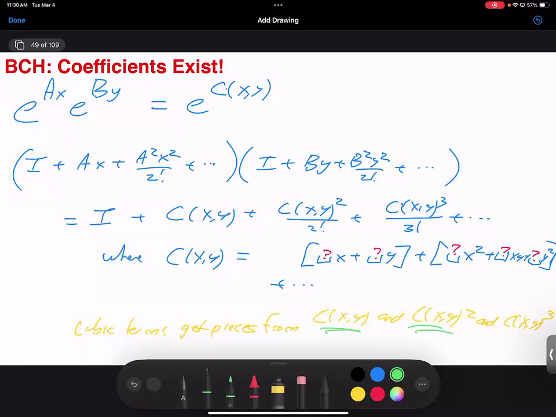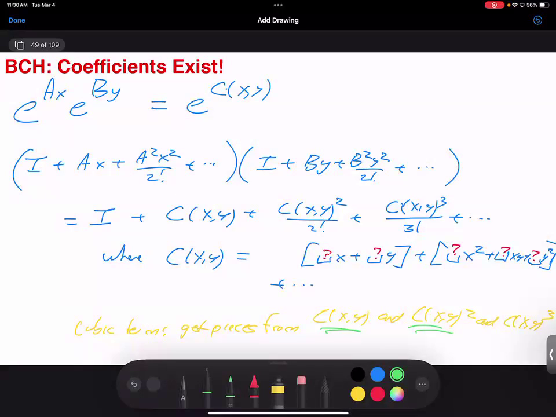So what's nice is the cubic terms of c of xy are completely free in the first piece, and then we have all this other stuff coming from the other pieces, and then we have the cubic terms on the left-hand side. So we have enough freedom to know that we will be able to choose the cubic terms of c of xy.